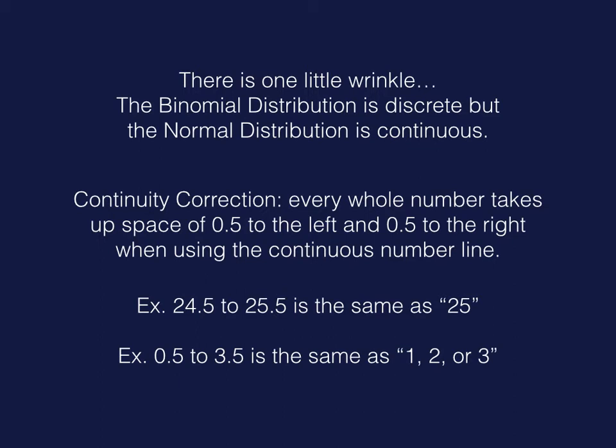So from 0.5 to 3.5 on the continuous scale. That's the continuity correction. When you go from the whole numbers in the discrete distribution to the continuous distribution, you have to think about going 0.5 to the left and 0.5 to the right.